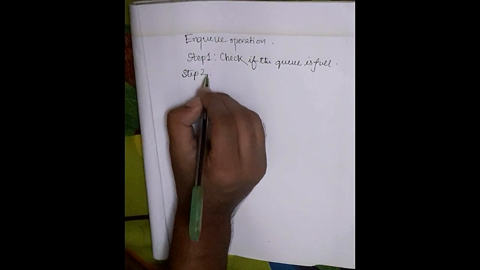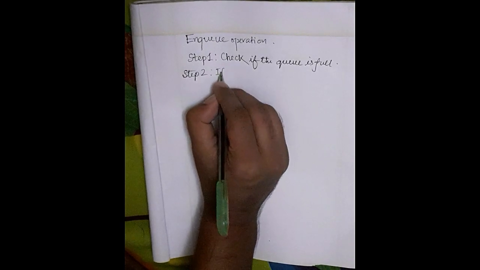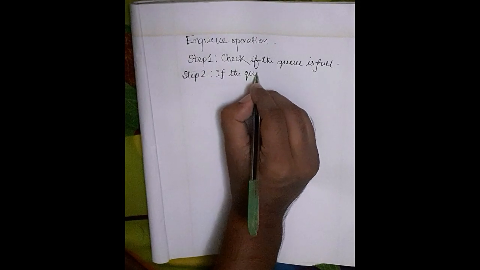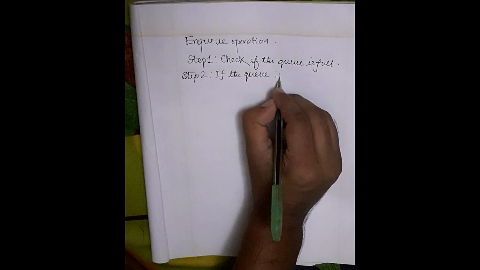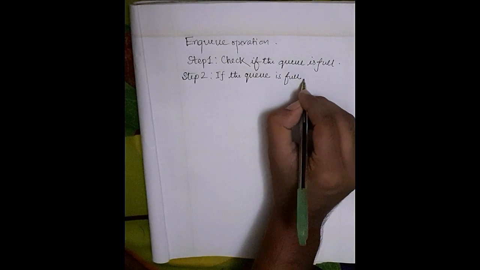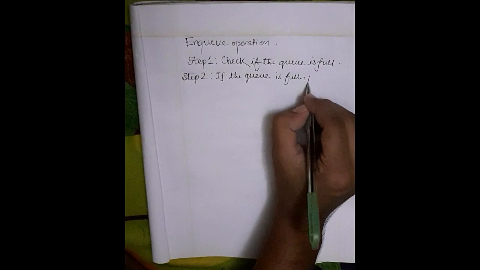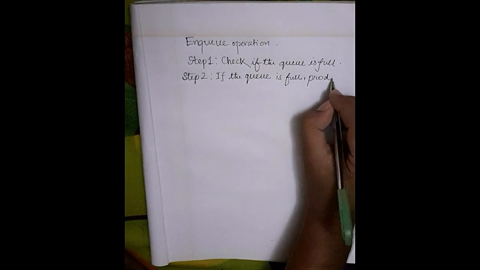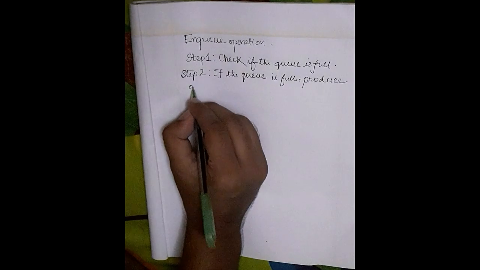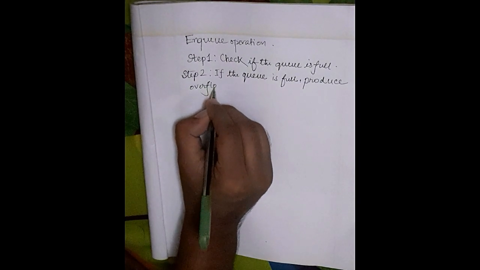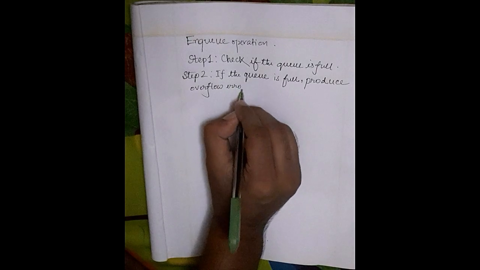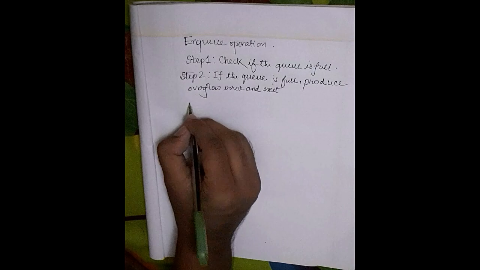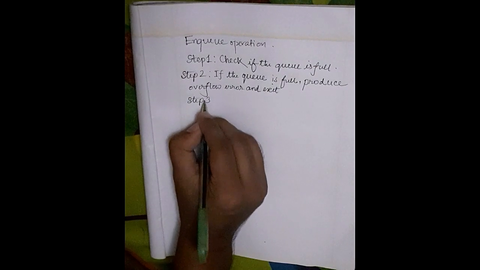In step 2, if the queue is full, we produce an overflow error and exit. Right.